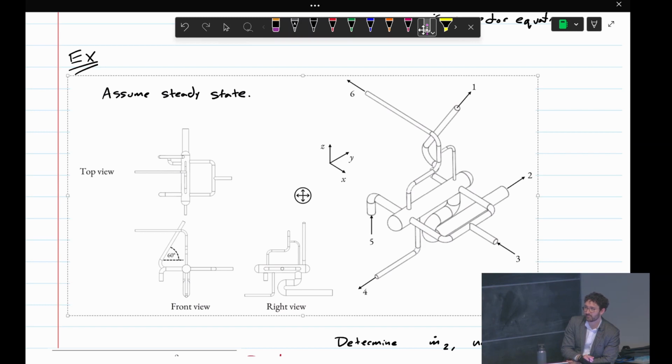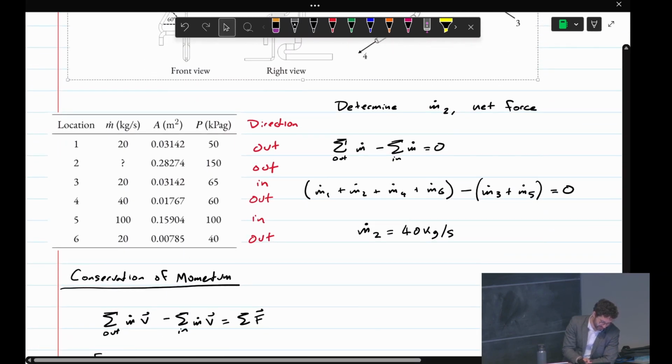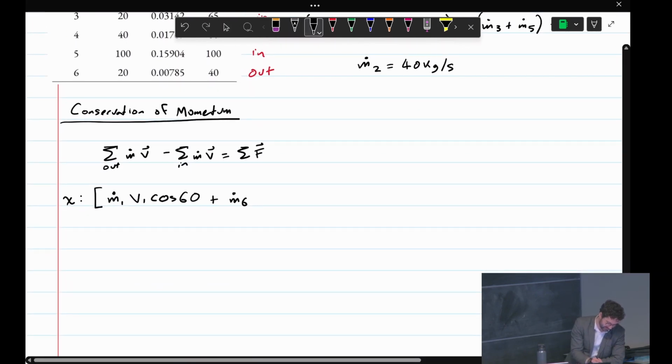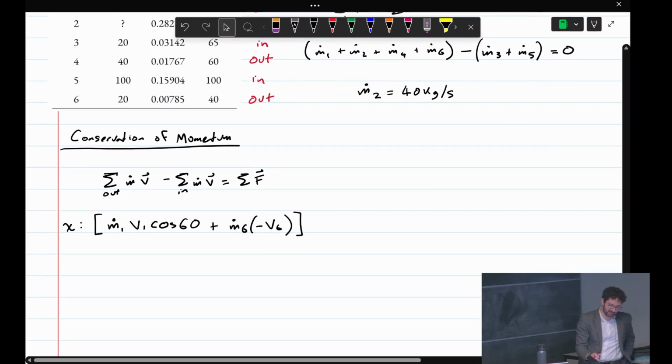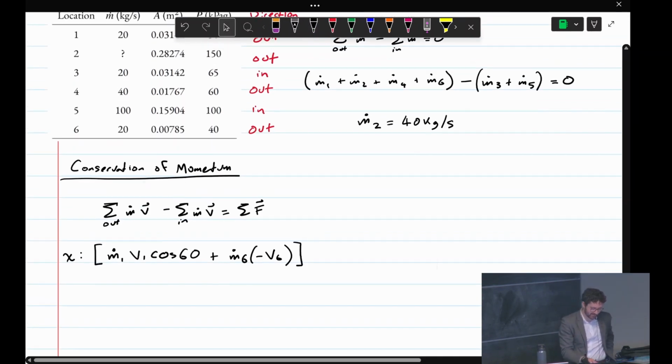Negative, because it's in the negative x direction. So remember the v in this equation, we need to worry about the signs. So m dot 6 times negative v6. Okay. That's all of the outlets we have that have a vector component of v in the x direction.